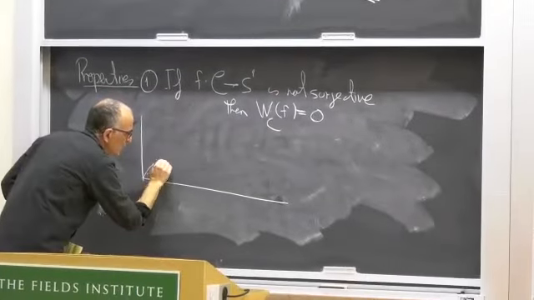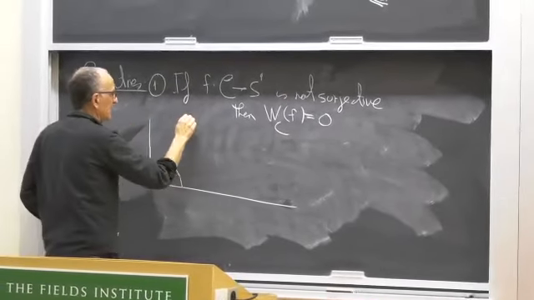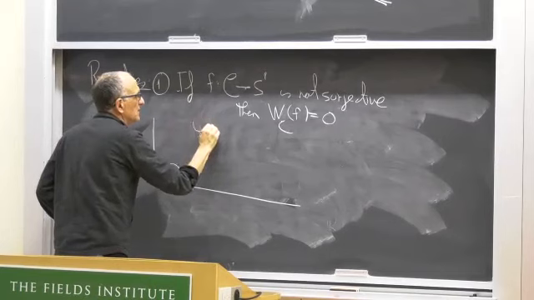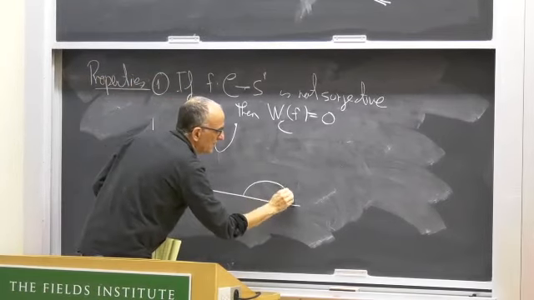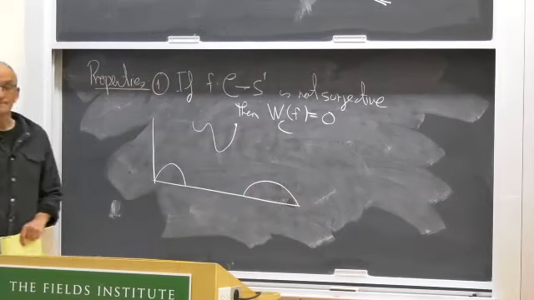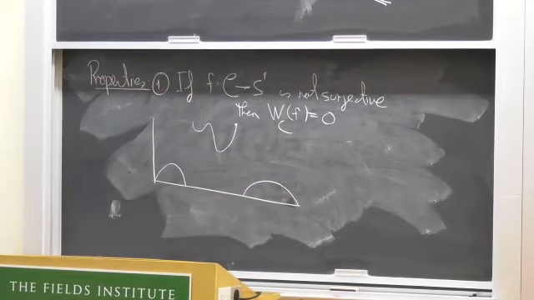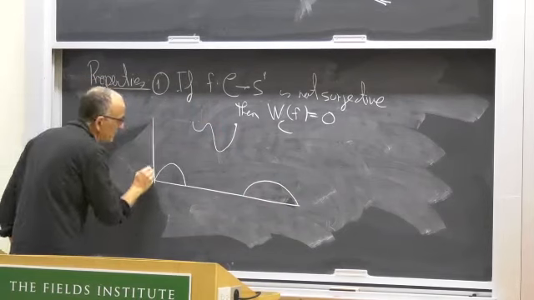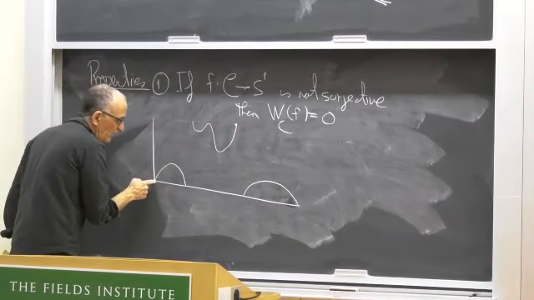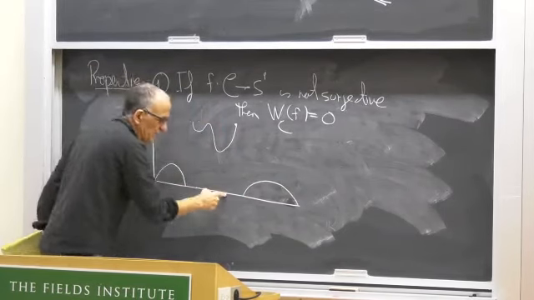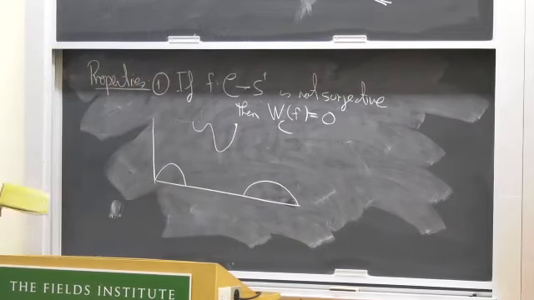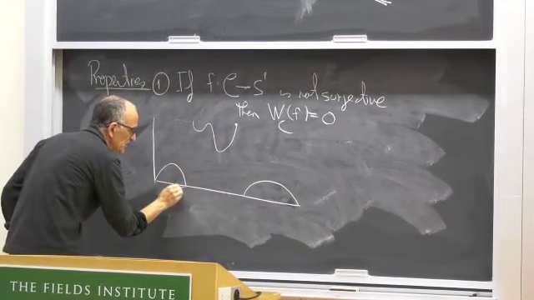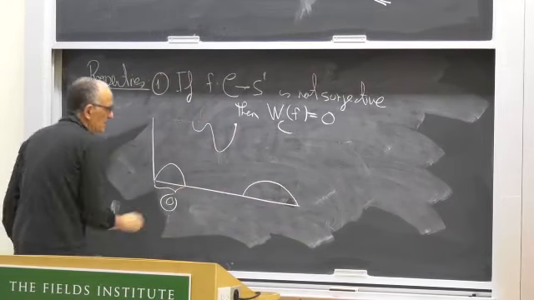So how will it look like? Well, maybe you go and you go back, and then maybe you come out of here, something like that. Right? Because you cannot hit all of them. So you can never go from 0 to 1 or from 1 to 0, because then it means you are surjective. So the picture has to look like that. And then in each interval like this, you just get 0. Right?